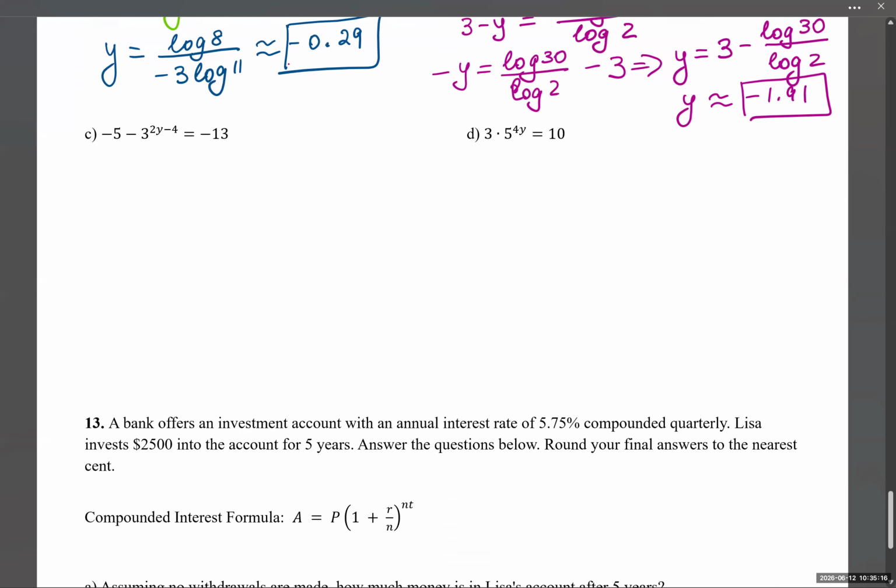Part C, we have to add 5 to both sides first. So negative 3 to the 2y minus 4 equals negative 8. Then get rid of the negative just by multiplying by negative 1. 3 to the 2y minus 4 equals 8. Now we can go ahead and take a log base 10 of both sides.